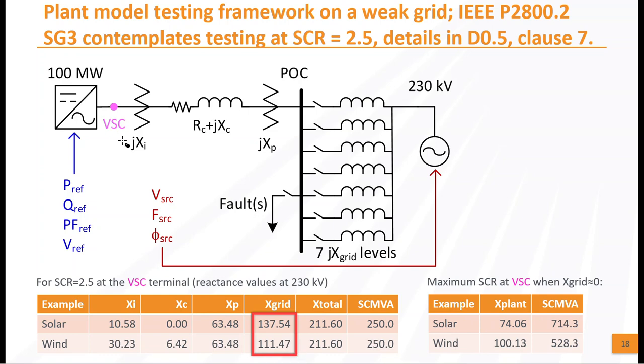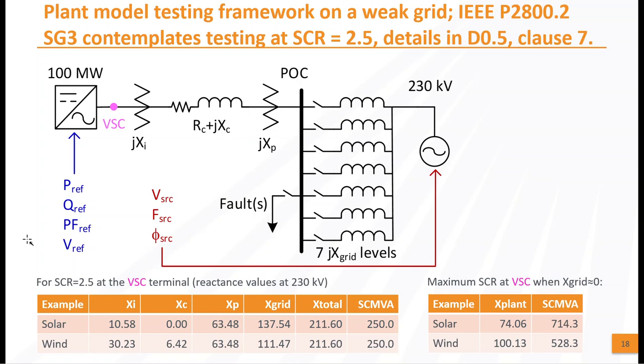So the short circuit ratio we want to get is here at the voltage source converter terminals. And so we may revisit this test procedure, and we may issue some comments to P2800.2 subgroup 3 and maybe clarify what the test procedure should be in terms of the point of connection and the short circuit ratio.